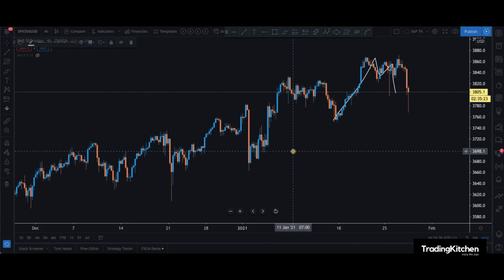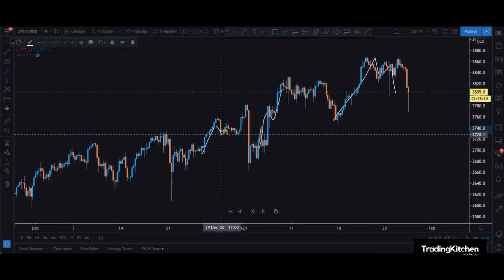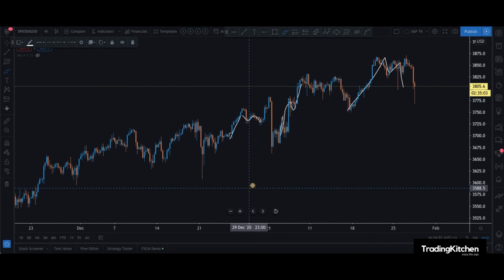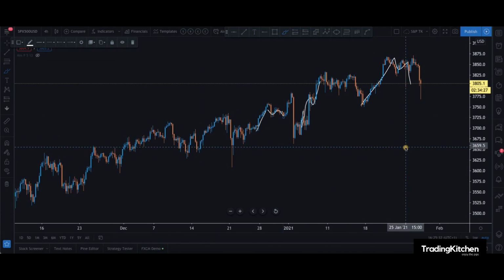Oh sorry, this as well. This as well. They just are swings, and all markets are made by swings, by channels, by formations.